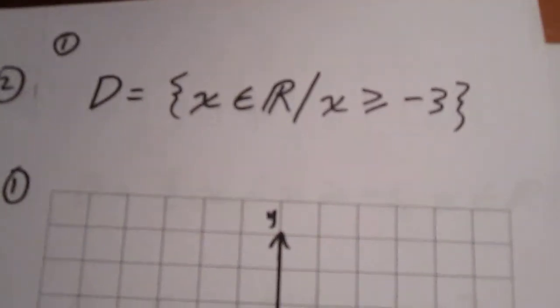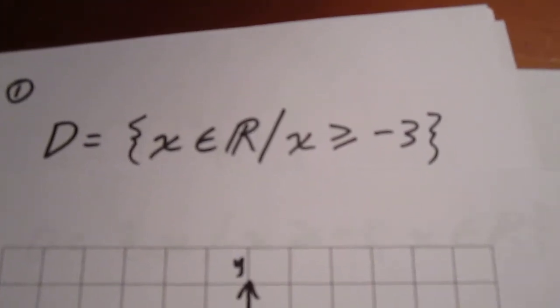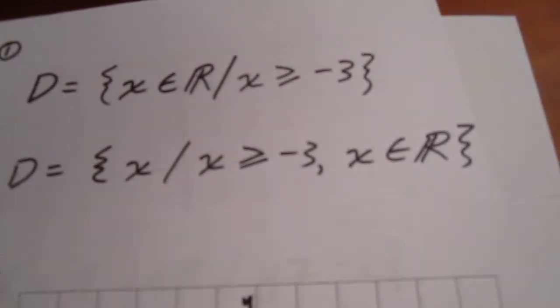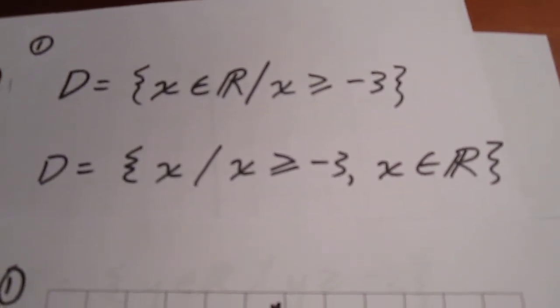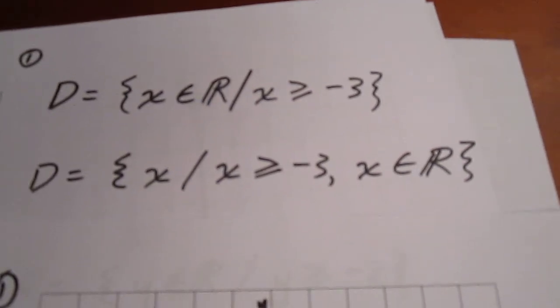Our statement could say that the domain is the set of all x elements of the real numbers such that x is greater than or equal to -3. Perhaps a better way of putting it is the domain is the set of all x's such that x is greater than or equal to -3 and x is an element of the real number system.